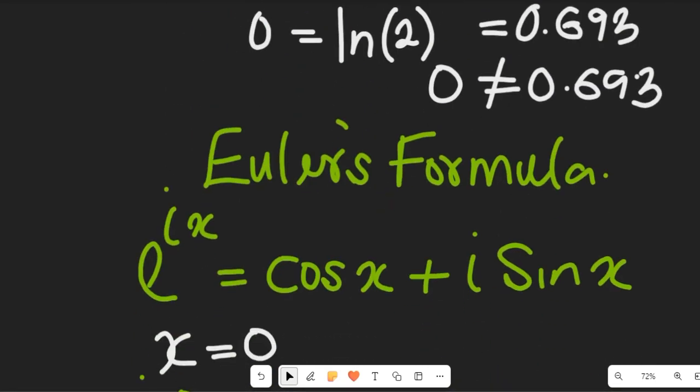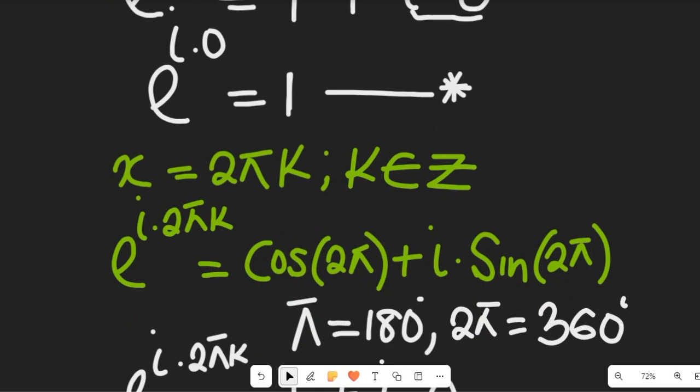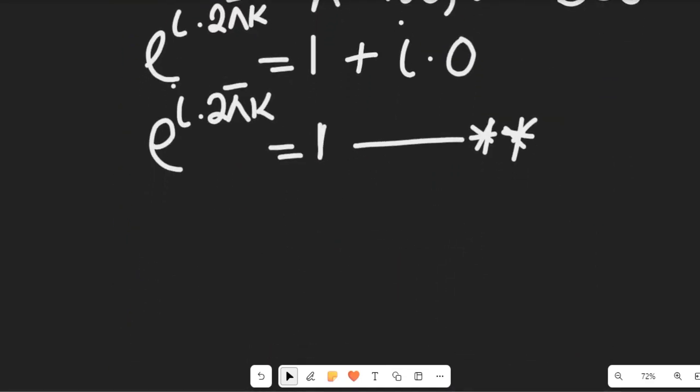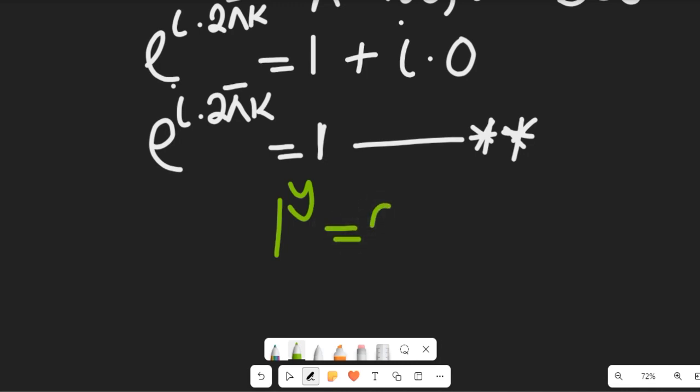So if we assume that our natural logarithm of 1 is equal to imaginary multiplied by 2 pi k, and we know that 1 to the power of y is equal to, according to the expression, 2.